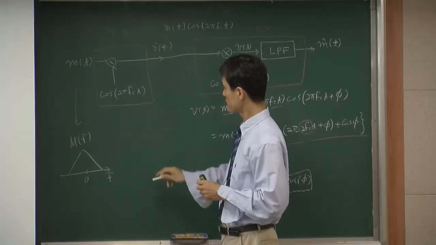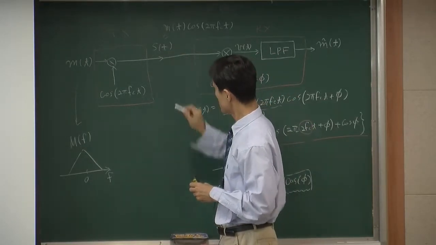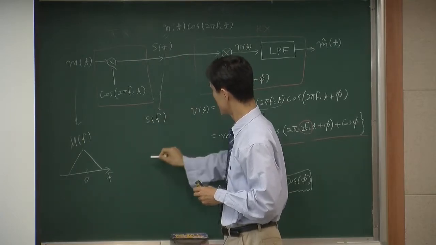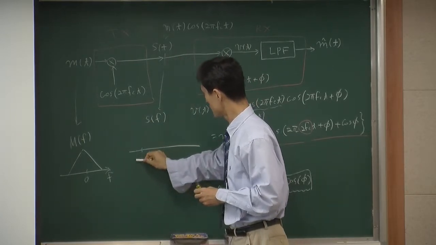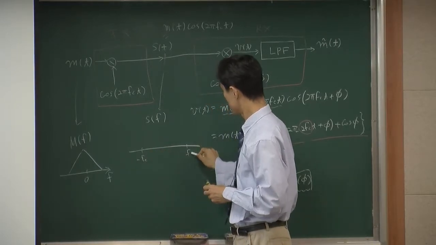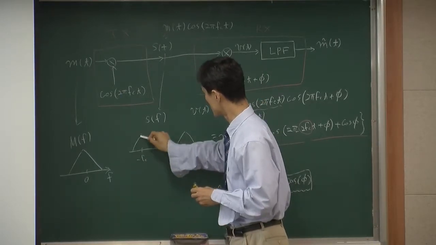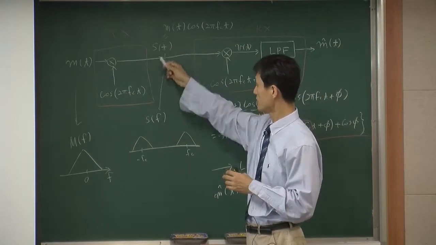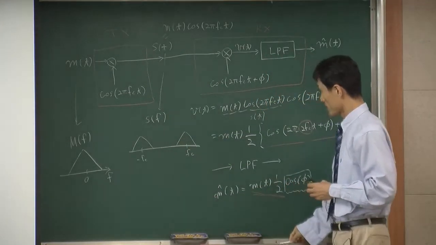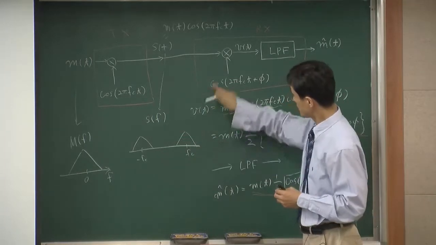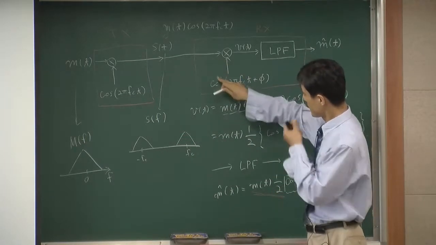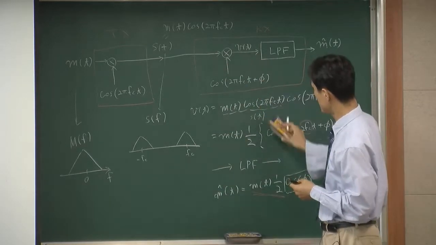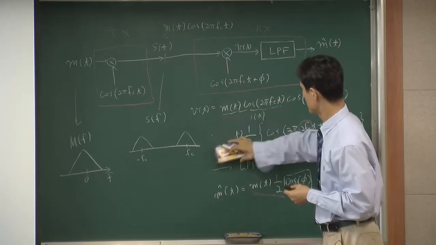When you multiply by cosine, it becomes s(t). So when you look at S(f), the frequency response of this, now we get this, right? That's the frequency view of s(t). So this is what we received here, and you are multiplying by cosine again to become v(t).